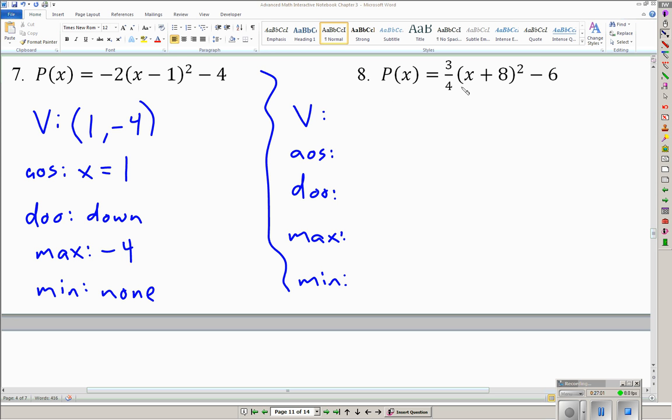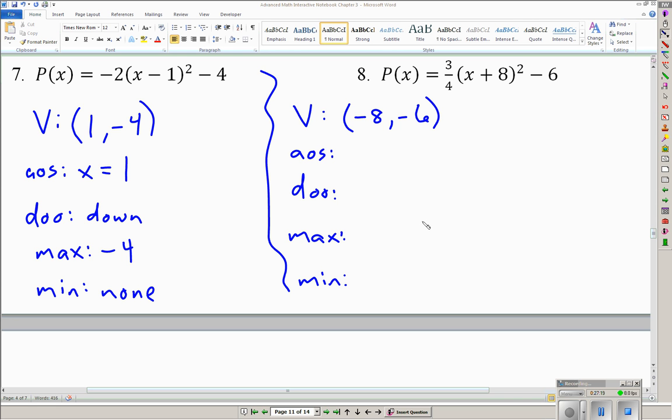On this last one, p of x equals 3/4 parentheses x plus 8, the quantity squared, minus 6. Vertex changes the sign on 8, keeps the sign on k, negative 8, negative 6.